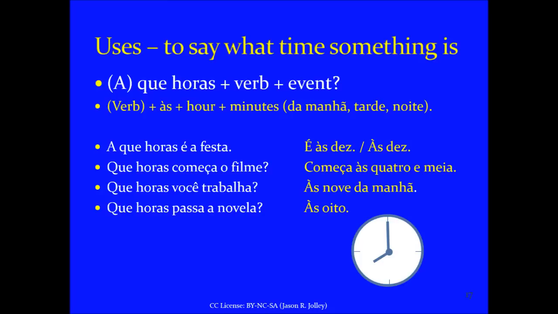Que horas começa o filme? Começa às 4:30. Or I can just leave off the verb again and say, às 4:30. Que horas você trabalha? Às 9 da manhã. Que horas passa a novela? What time is the soap opera on? Às 8 da noite.